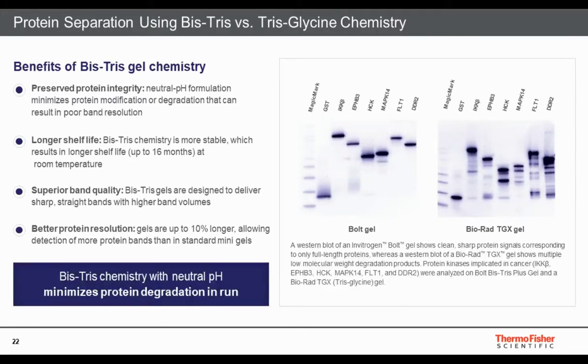However, with Bio-Rad TGX gel, multiple degradation bands are detected along with the full-length purified proteins. This demonstrates that the Bis-Tris chemistry with neutral pH minimizes degradation during gel runs.